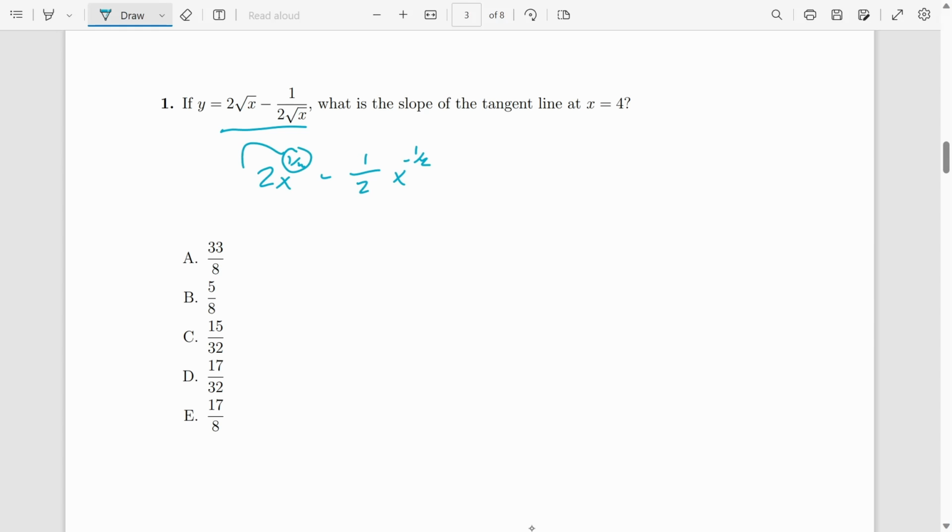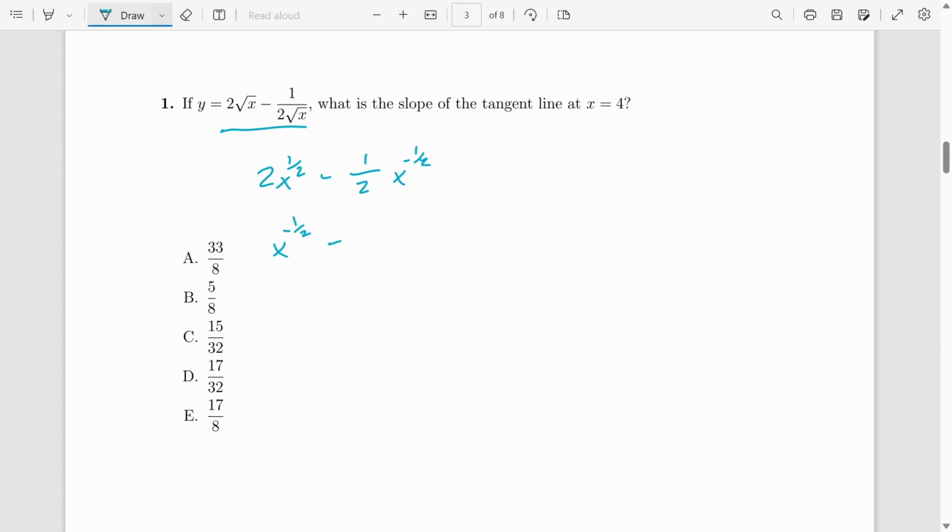We can take the exponents and move them out front and get our answer. So 2x to the 1/2 becomes 1/2 times 2, which is just 1, times x to the negative 1/2, because 1/2 minus 1 is negative 1/2, and then minus the next term. So we bring the negative 1/2 out front.